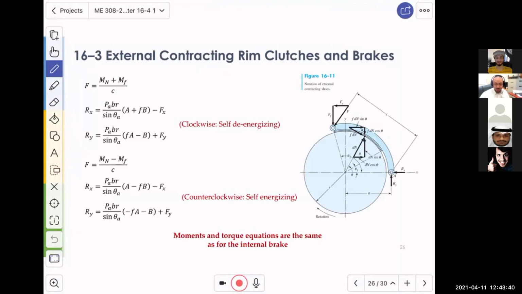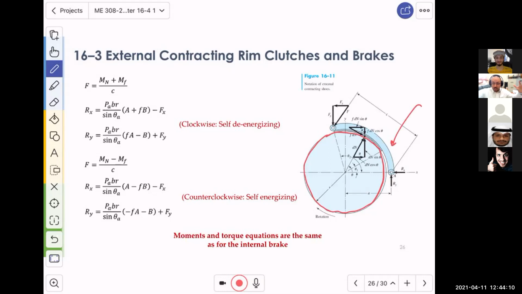The title of the previous section was internal expanding rim. You expand it, and then the shoe become in contact with the drum, and that's how you dissipate the energy. Here, what happened? Whatever it is, a drum over there, okay, is external, and then on top of it, we have the shoe.